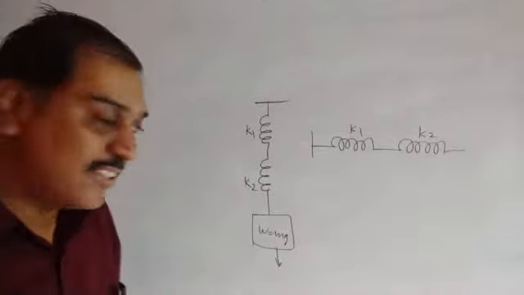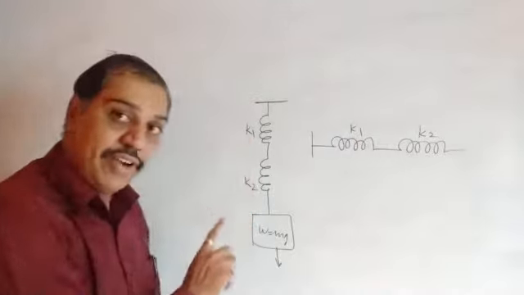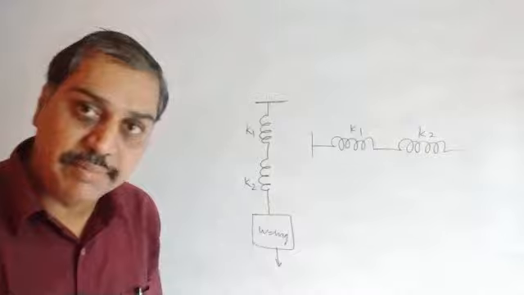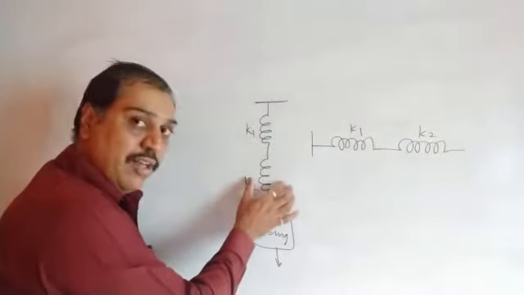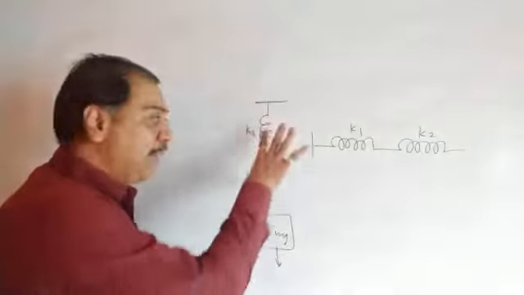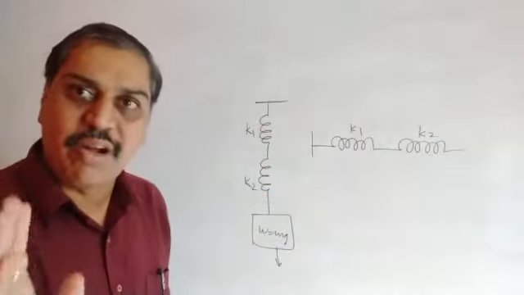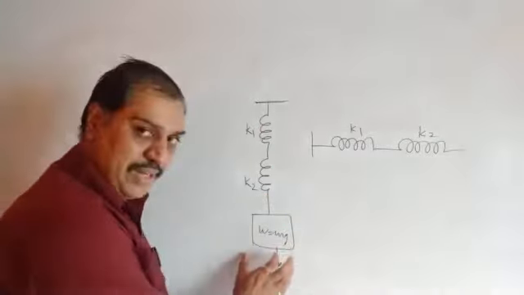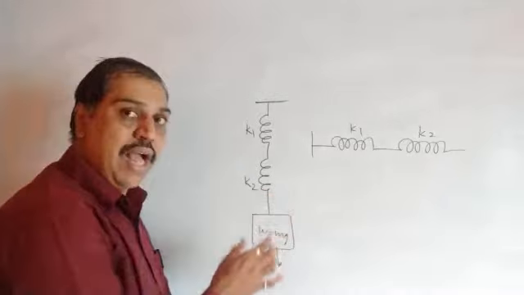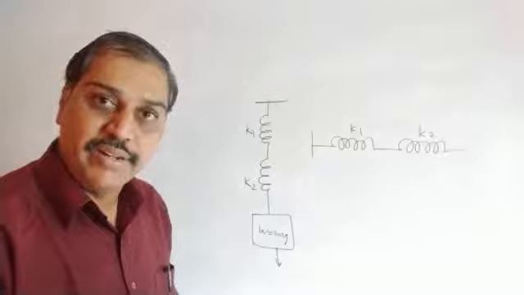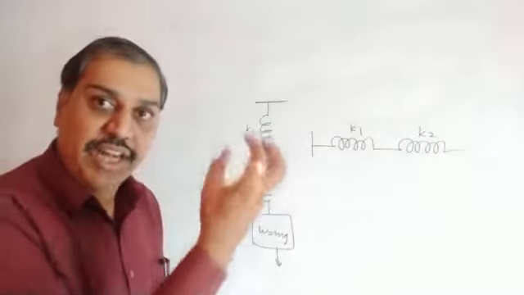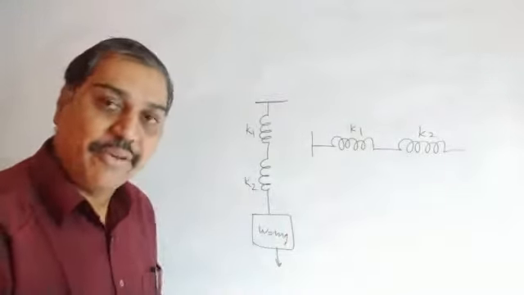Remember, the spring constants are different for K1 and K2. What does it mean? Either this spring is small or this spring is large. In short, the dimensions of both the springs are different. Common sense then: when we apply some weight, the spring which has less dimension stretches more, and the spring which is large in dimension stretches less. That is the thing we have to learn here.